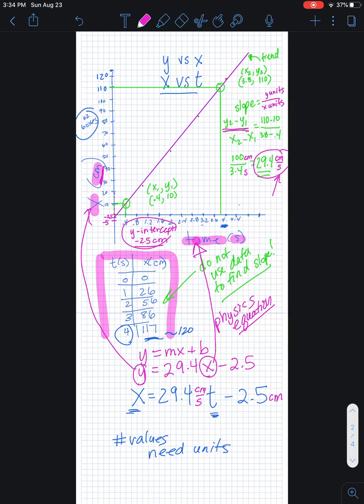Now I know I need to put my time in seconds, and my position is going to come out in centimeters. And so this is now a finalized, beautiful physics equation that you can use to analyze your questions below. After how many seconds would you be at this position? You can now plug in a value for t and receive a value for x out of your physics equation.